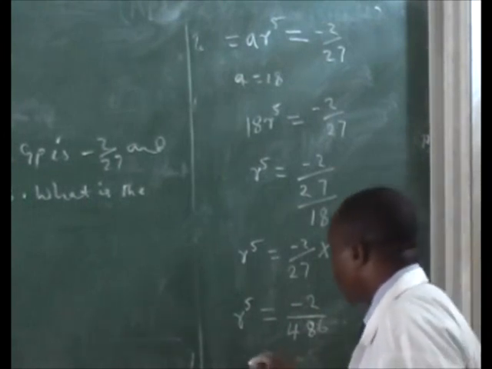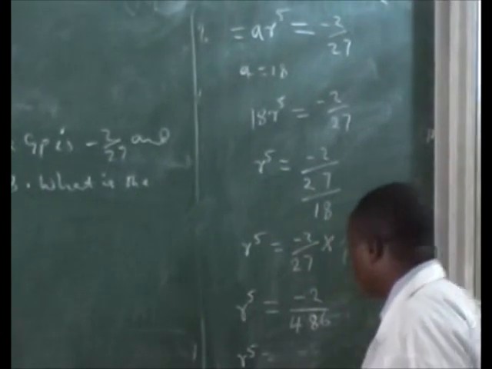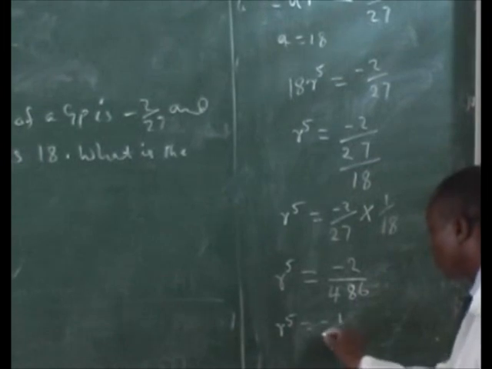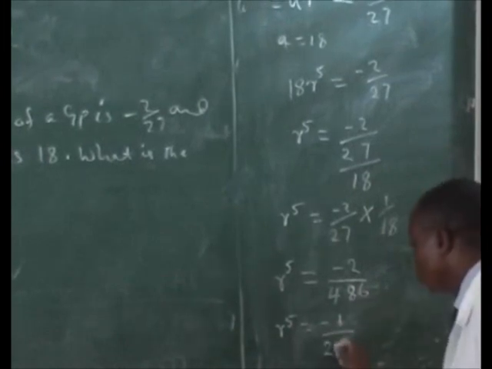Now 2 can go into 2 one time, and 2 can go into 486, 243 times.